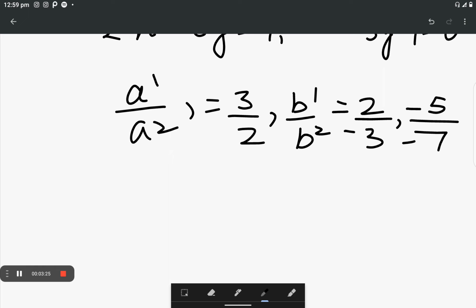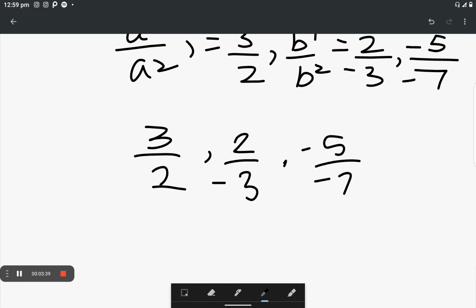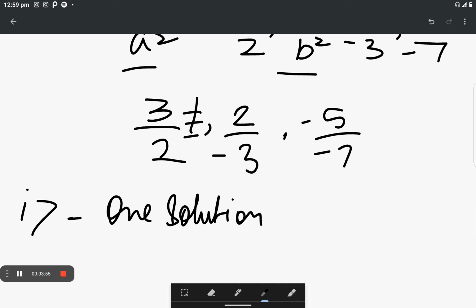So on comparing the ratios, we have 3 upon 2, 2 upon minus 3 and minus 5 upon minus 7. We can clearly see that A1 upon A2 is not equal to B1 upon B2, and thus this first part will have one solution, so it is consistent.